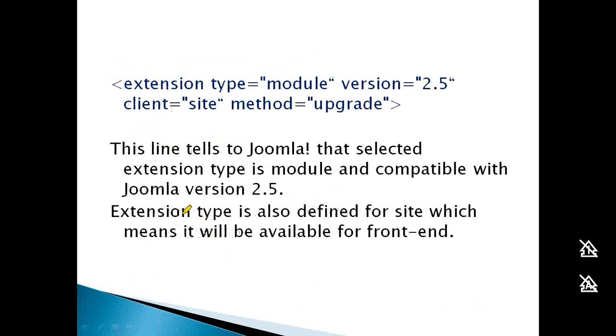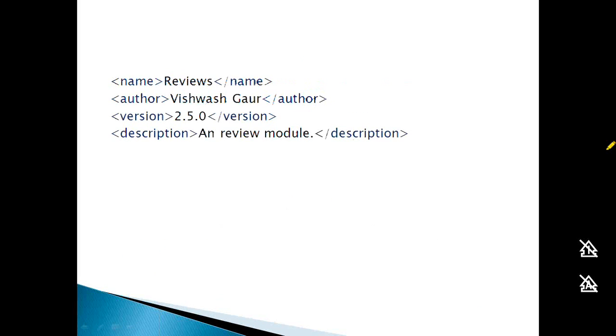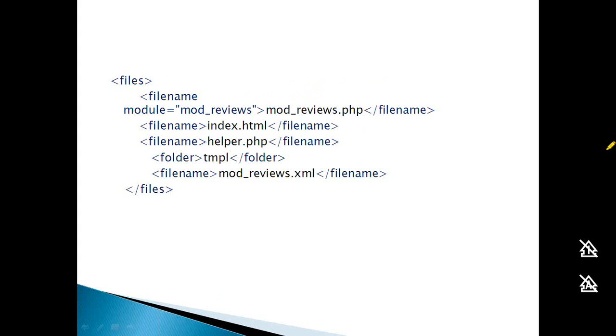So it is further detailing of this screen. It tells you the extension type, version, client side, and the methods. I already talked about this, so I skip it now. These are the files which are included during the installation. So all of these files will be called, included and utilized during the installation.